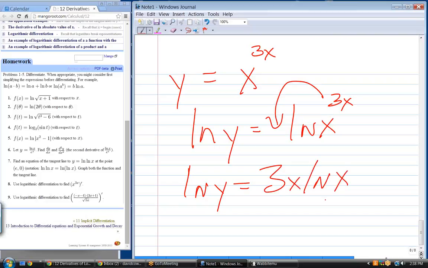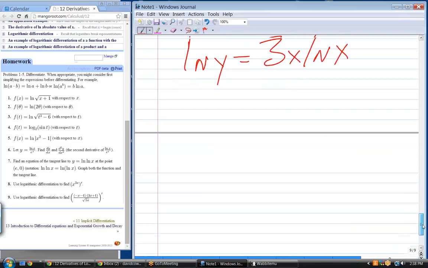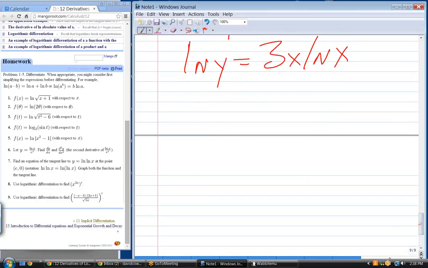You with me? Now differentiate both sides. In other words, this is a frequent problem. Whenever you have an exponent that's the variable, your first step is always going to be taking the natural log of both sides. Because that allows you to bring that exponent down onto the algebra line.